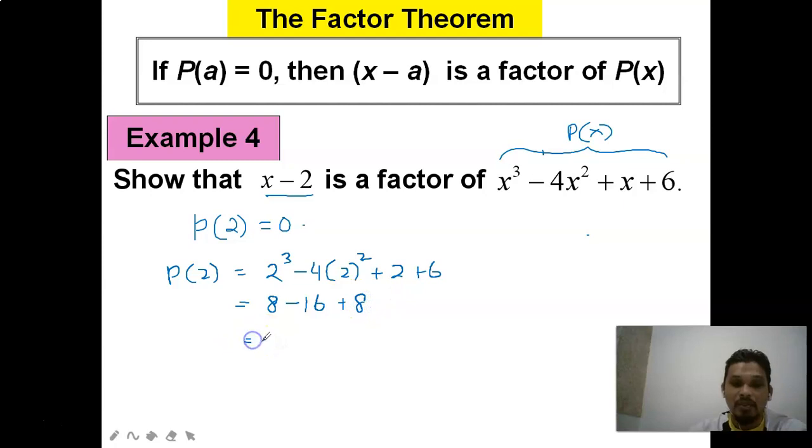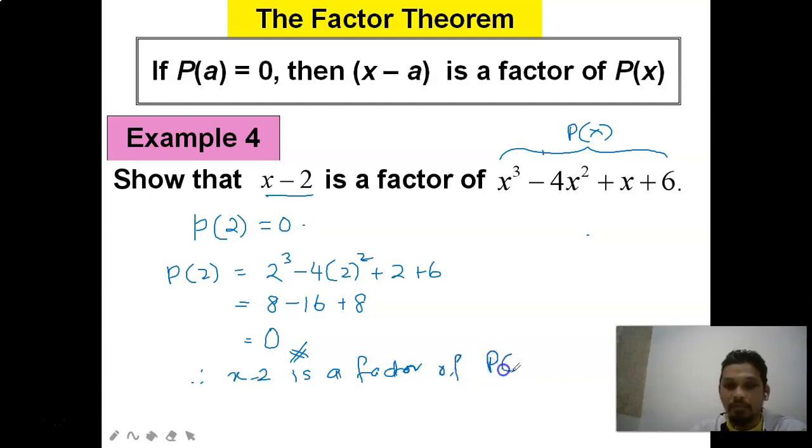So can you guess what answer we find? Yes, 8 plus 8 equal to 16 minus 16 equal to 0. So we can come to the conclusion that x minus 2 is a factor of polynomial P(x).